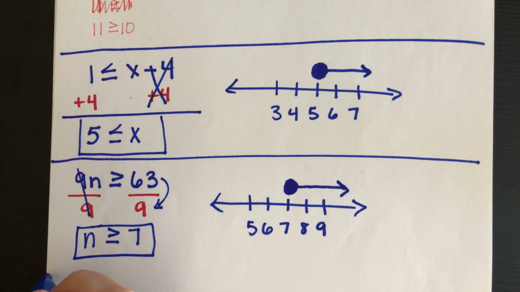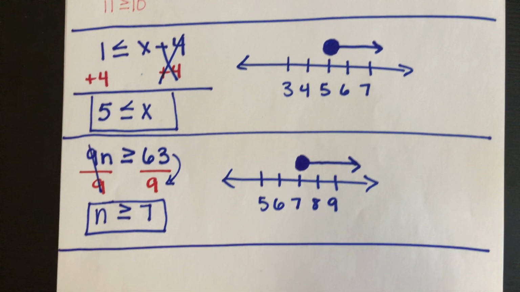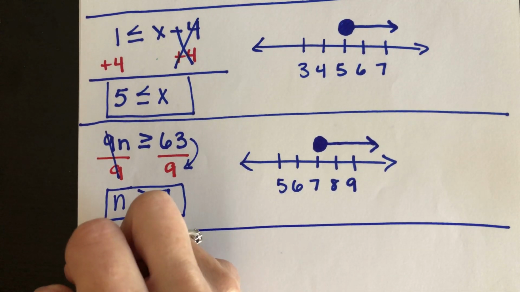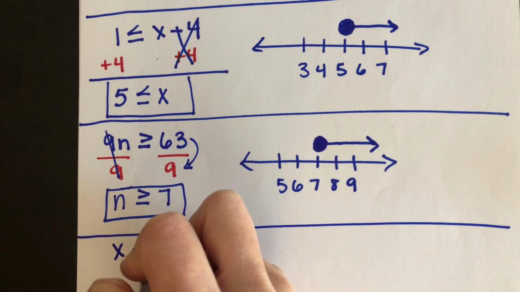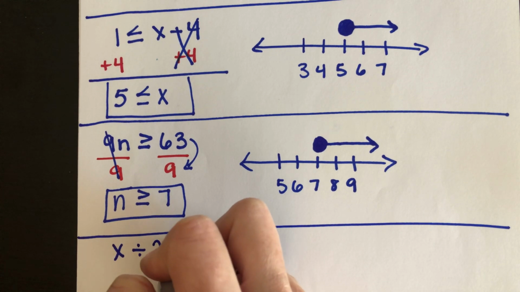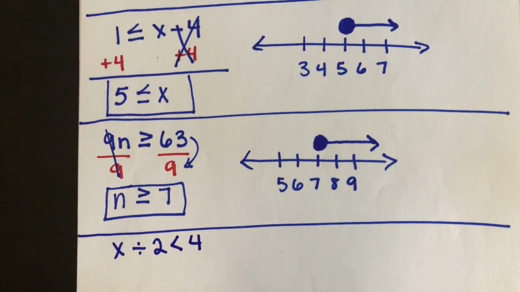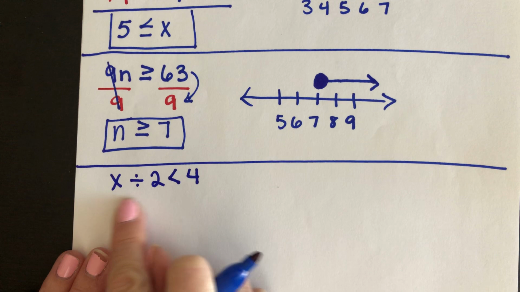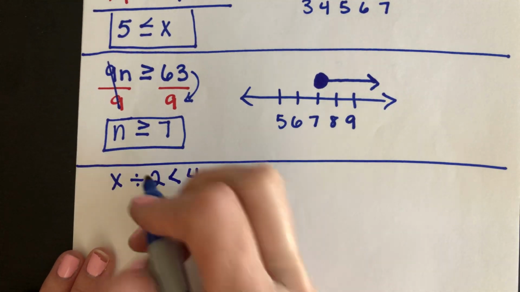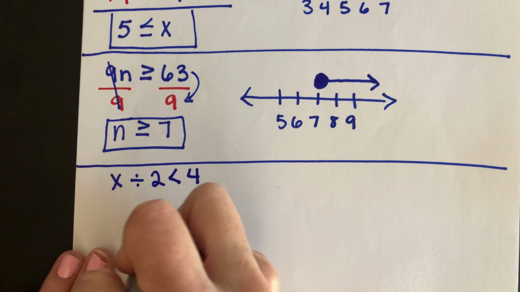Couple more examples. We have x divided by 2 is less than 4. When you have it this way, go ahead and put it in fraction form.